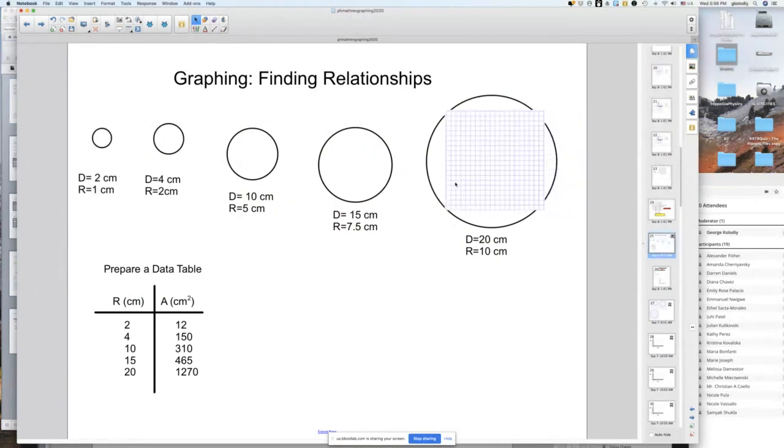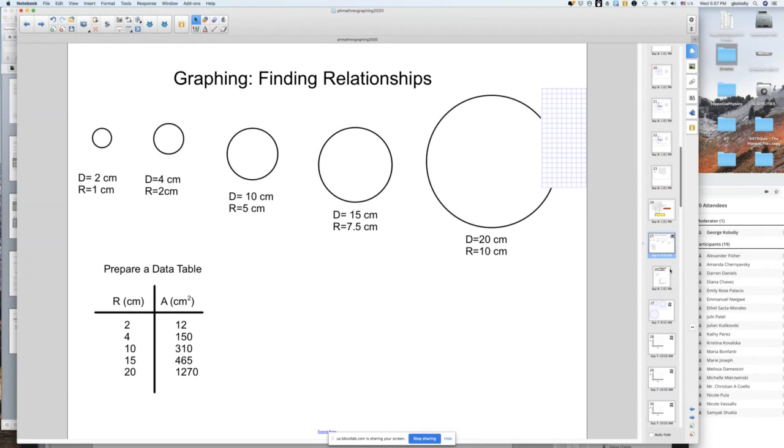We're basically counting the boxes that fill up this, counting the boxes that fill up that, and get an approximate area by counting the number of boxes that fill each of these circles. Again, I had nothing to do, so I counted the boxes. Here they are. This big circle had 1,270 boxes in there. That's the area. It's 20 centimeters diameter, or the radius is 10 centimeters.